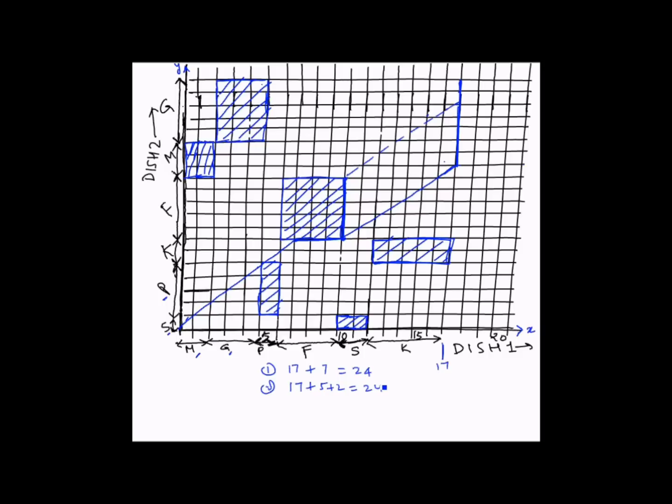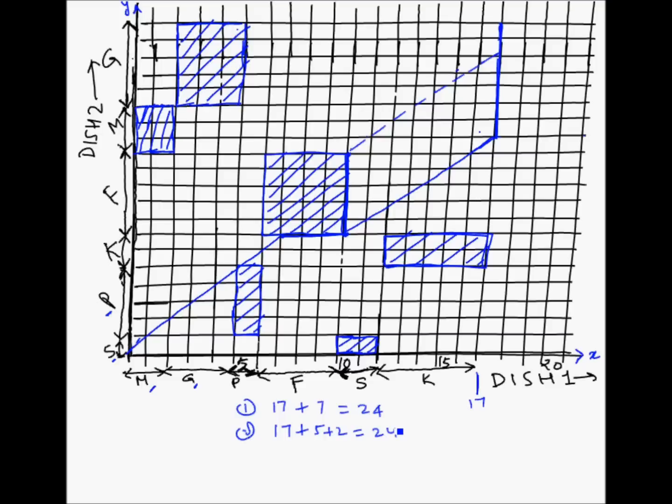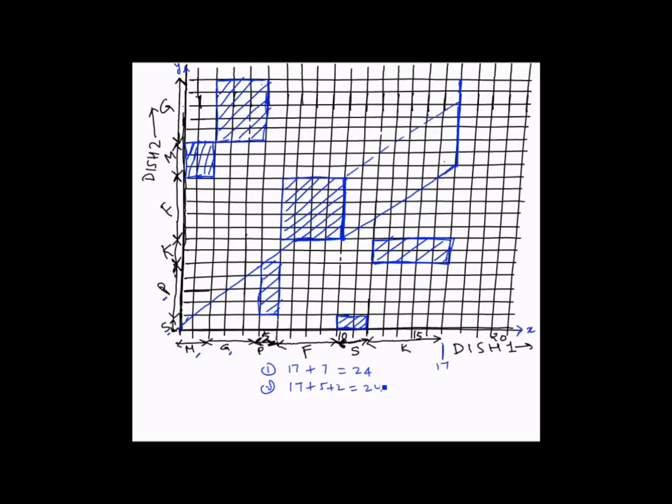So basically, once you understand the concept here, you don't need to plot a graph every time. The main concept here is that till the time we hit a point where there is an overlap of an individual equipment for the two dishes, we are processing both the dishes in parallel.